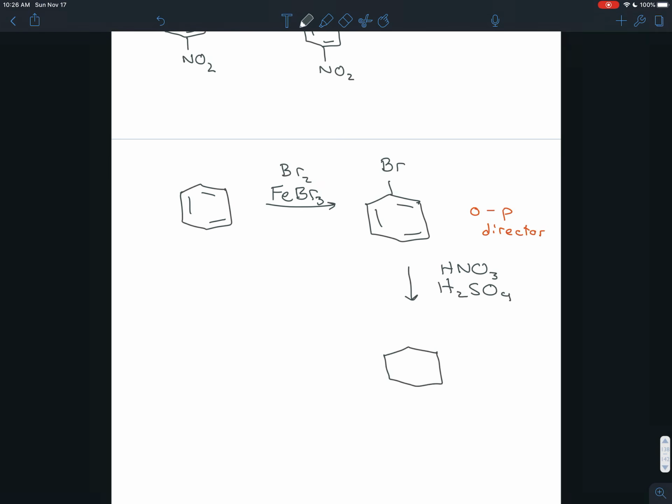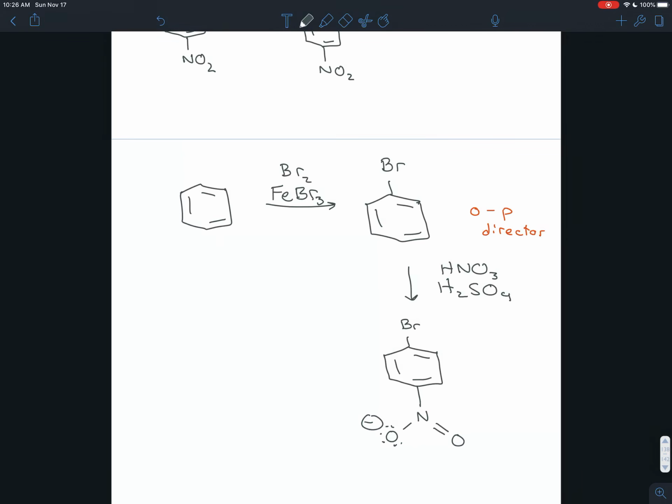And remember, the nitro group is pretty bulky. Now, technically, we will get some ortho product, but the vast majority of our product is going to be the para product. And the reason for that is because the nitro group is big. Drawing it out here so you can see that. And also the bromine is really big. Bromine is a good leaving group and a strong nucleophile because it's such a big atom.